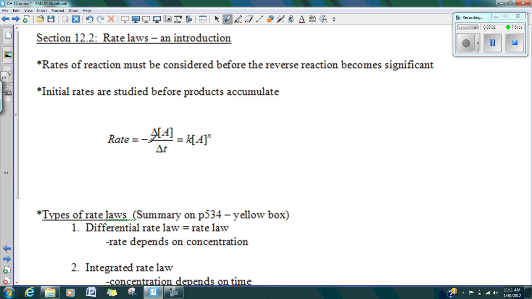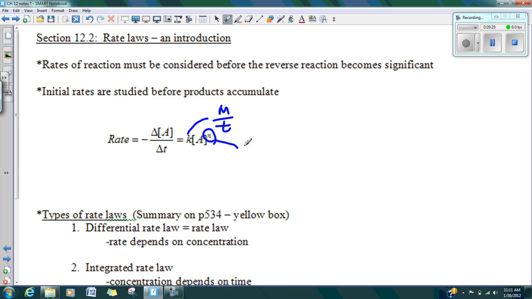So this again is going to be the rates of our reactants. You can see that we have it decreasing, our change in concentration over time, and then we're talking about a constant now. So k is going to stand for rate constant, and that is going to be in molarity over time. And then we have n right here, and this is going to be, we're going to talk about a zero order, first order, second order, third order reactants.